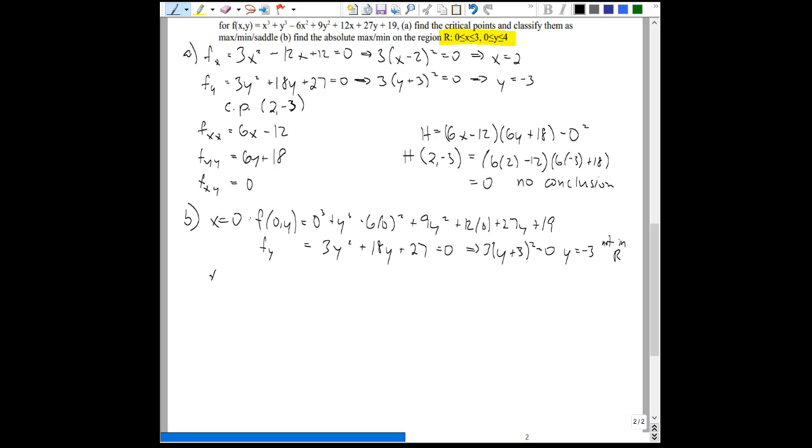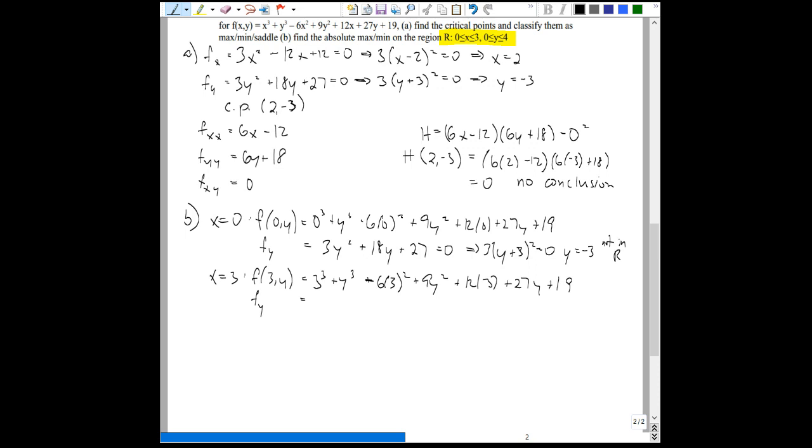Next boundary piece is when x equals 3. So for that, f of (3, y) is going to be 3 cubed plus y cubed minus 6 times 3 squared plus 9y squared plus 12 times 3 plus 27y plus 19. And once again, we're going to do the partial with respect to y of this.